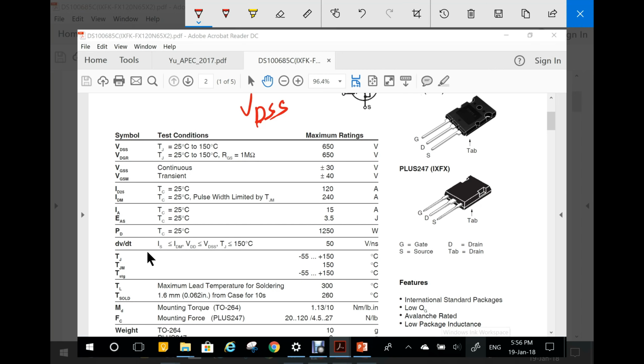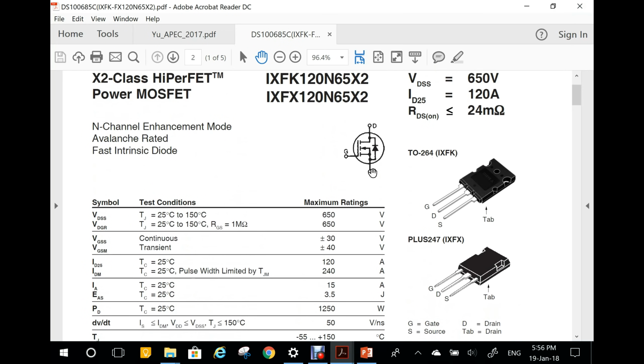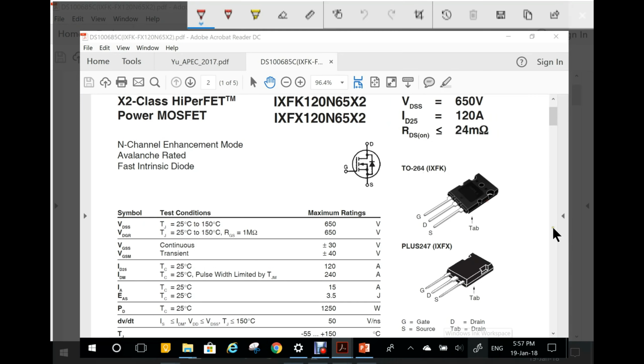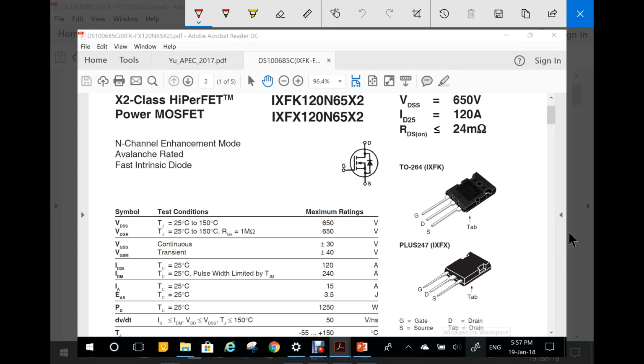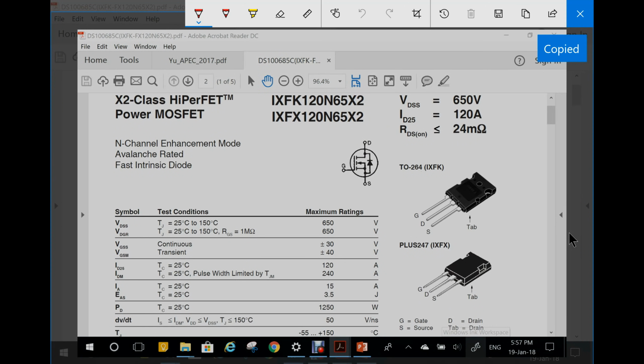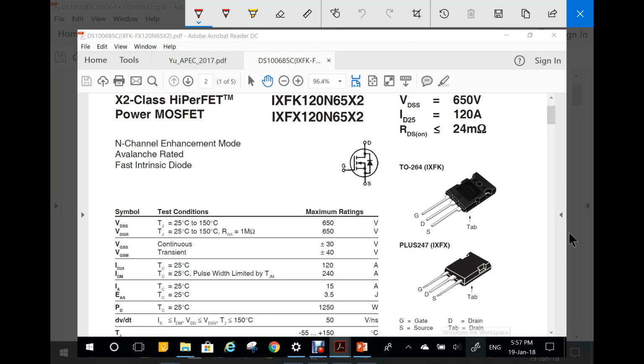Okay, well, what does this mean? Well, I have to go back for a second. Here it is. Okay, that's better. So VDSS means that you connect the gate and source together and impose the voltage here.